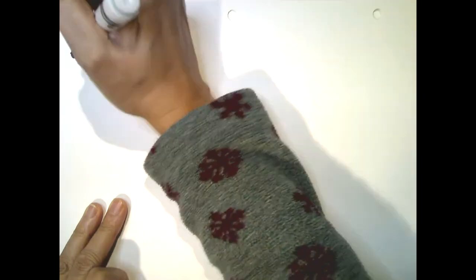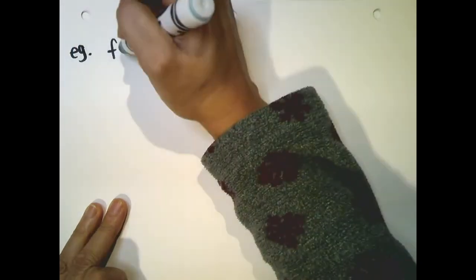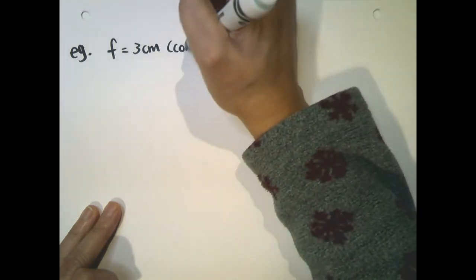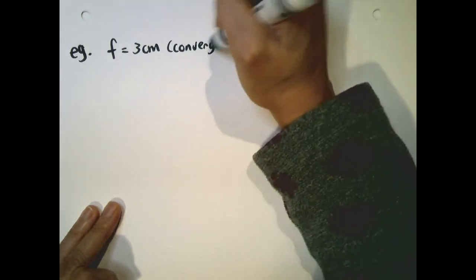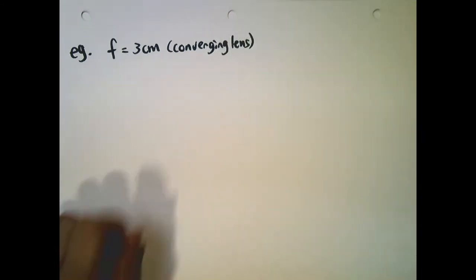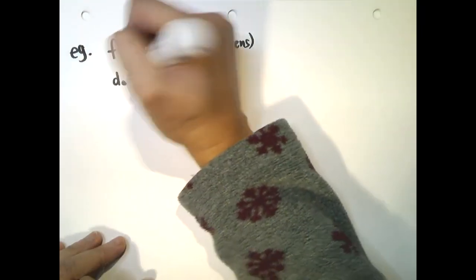So let's do our first example right now. Let's say we have a converging lens, so f is equal to 3 centimeters. The focus is 3 centimeters. This is a converging lens because it's positive 3, but we'll talk about that later when I put it in the formula.